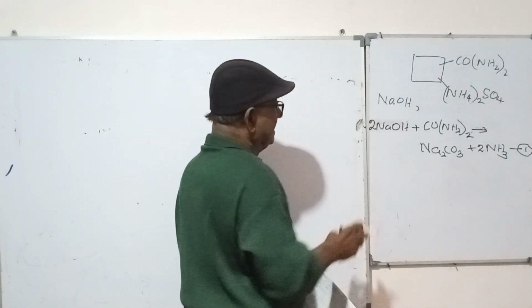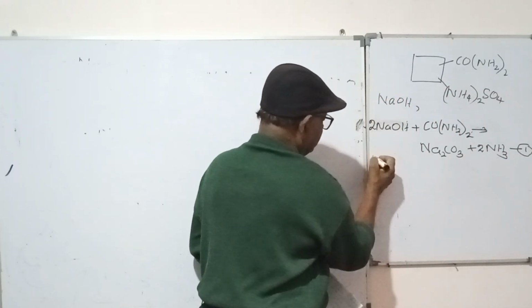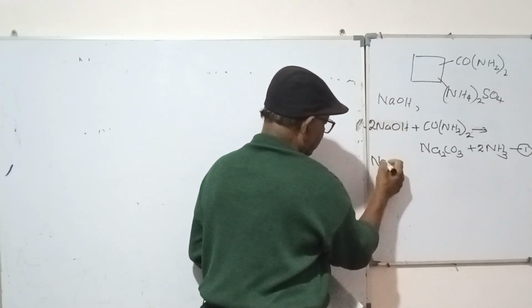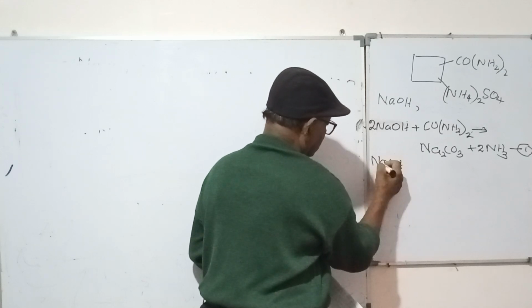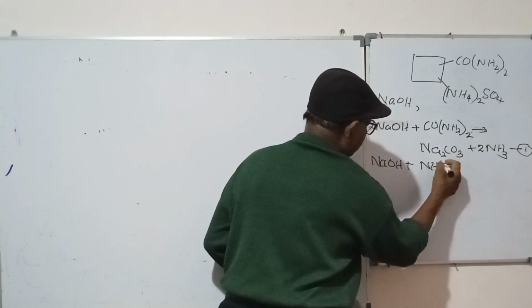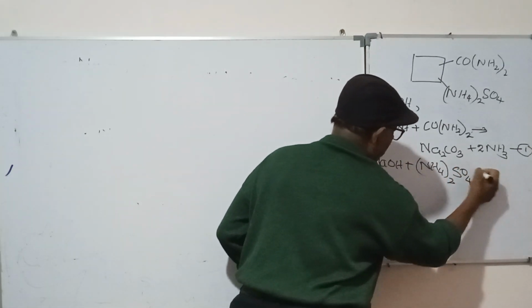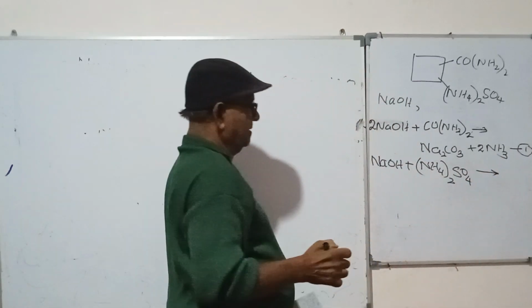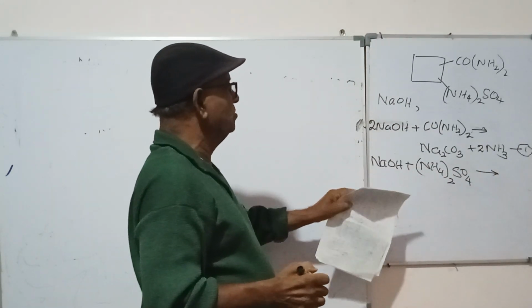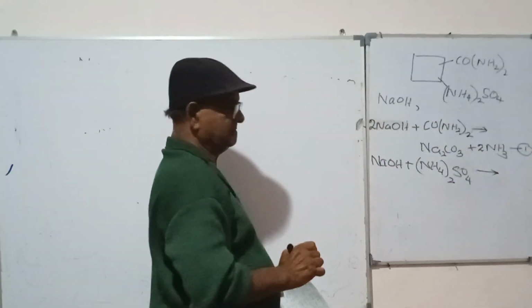Right? Then ammonium sulfate. How does it react with sodium hydroxide? NaOH plus ammonium sulfate, (NH4)2SO4. Ammonium salts give ammonia with a base.